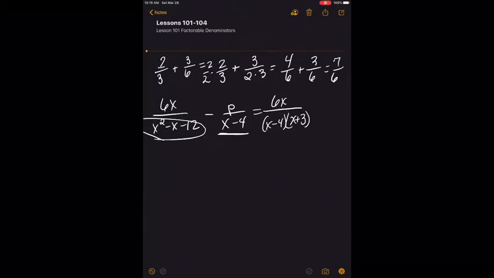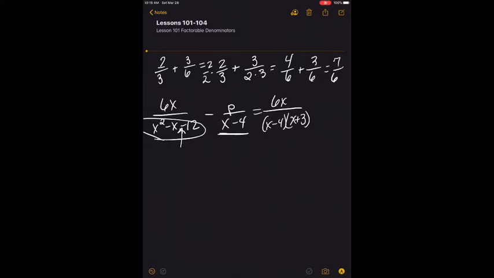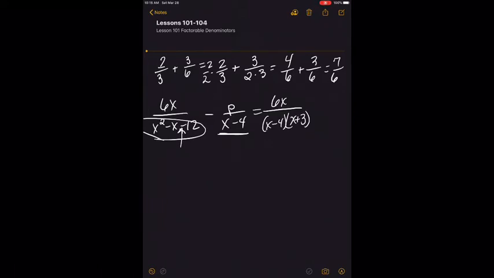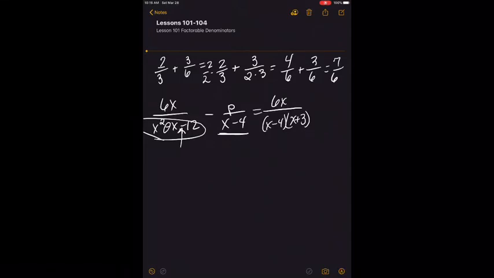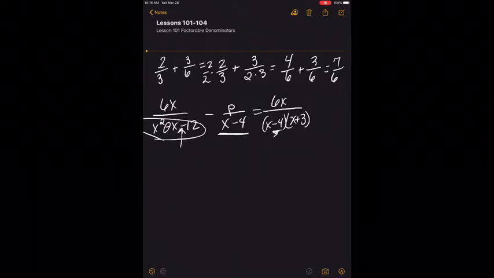And we can see that because we know it's addition and subtraction because of that negative sign before the 12.